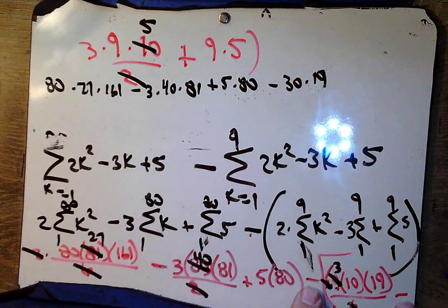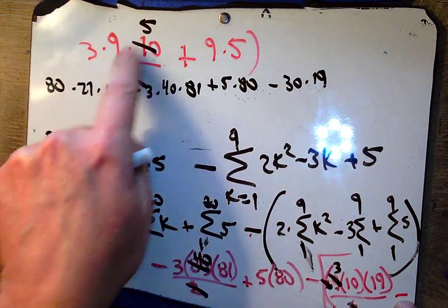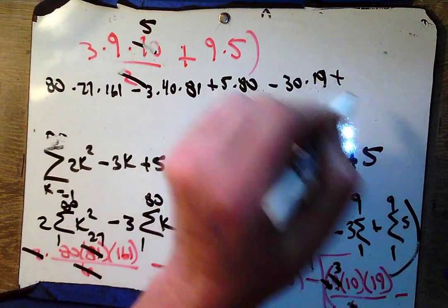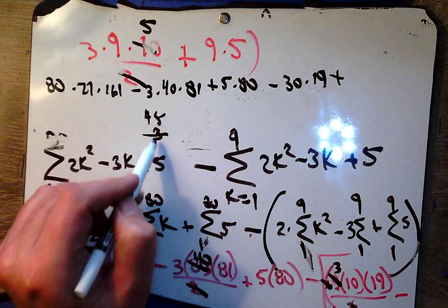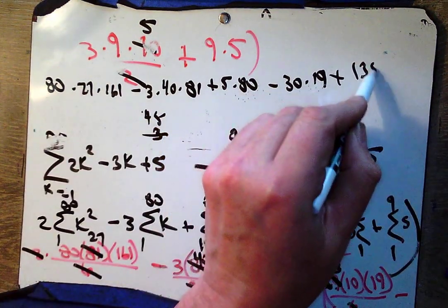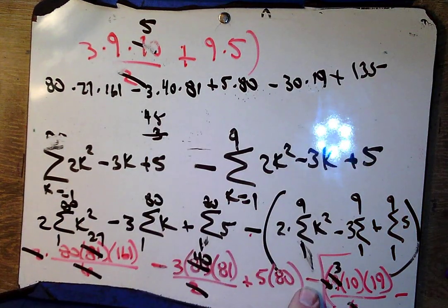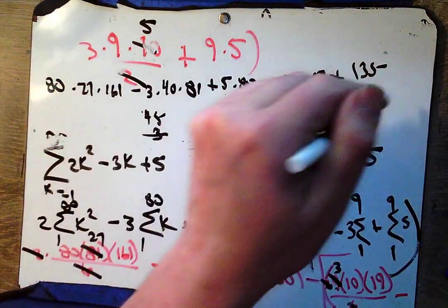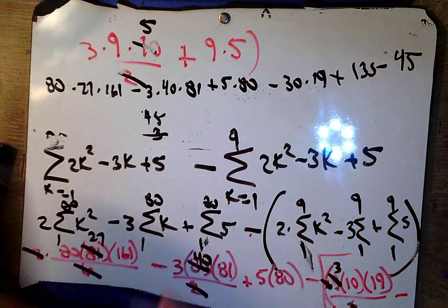Now, this is minus a minus. I'm actually going to be plus 45 times 3. 45 times 3. I feel like I should be able to do that in my head. 12, 13, 135. Okay? And then minus this positive minus 45. All right, let's see what that comes out to be.